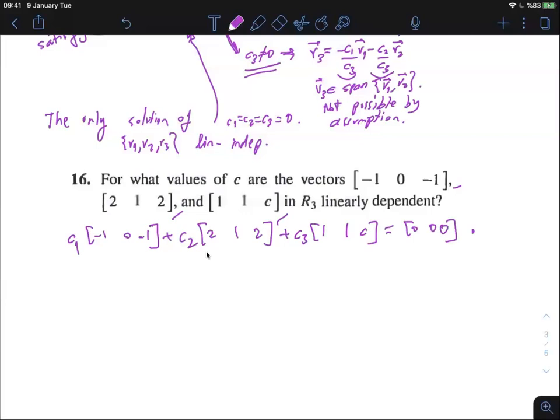To be linearly dependent means this equation has a solution for C1, C2, C3 which are not all zeros.